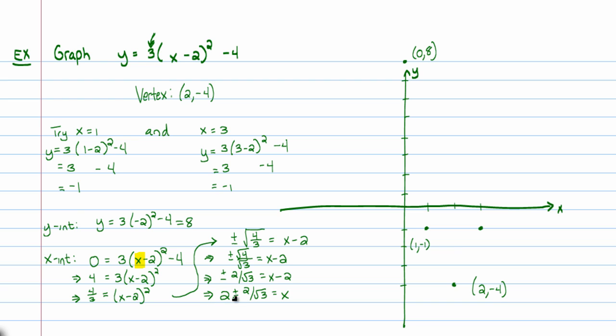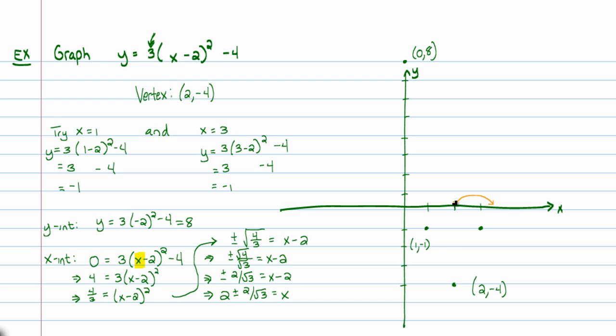They're at 2 plus 2 over root 3 and 2 minus 2 over root 3, which is a very interesting concept. Basically, they're saying that they're centered at the value of x equals 2. One happens to be at 2 plus 2 over root 3. Actually, I should have done that in a different color, so let me do that. So I start at 2 and I go plus 2 over root 3.